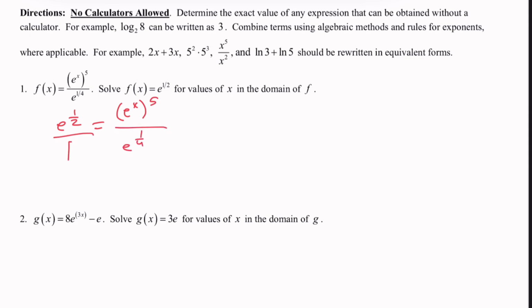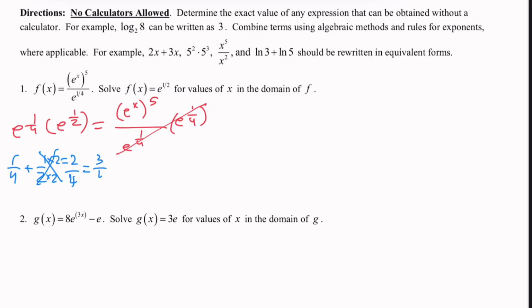Because it's a fraction, we can do the butterfly method or just multiply that to both sides. And because we're multiplying these exponents, basically just adding, so 1/4 plus 1/2, which we can multiply both sides, which equals 2/4, so that's 3/4.